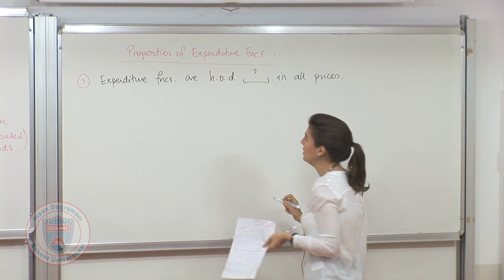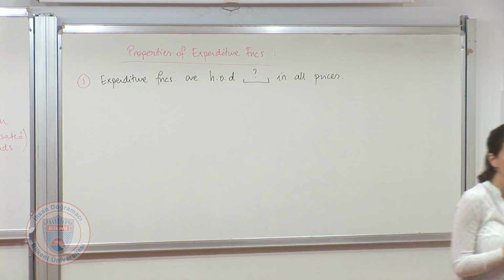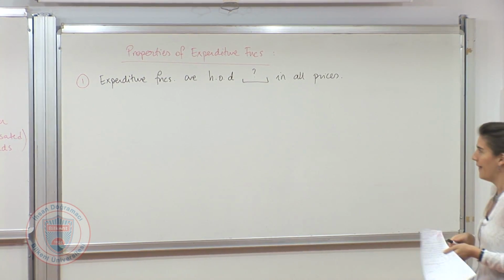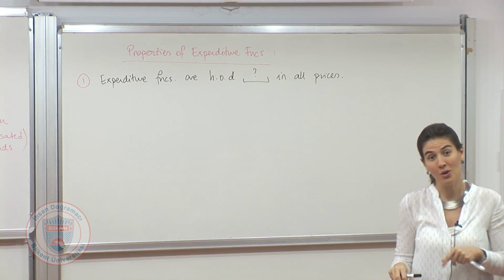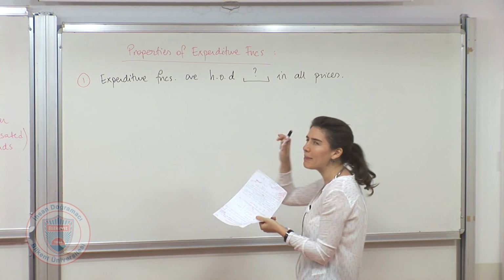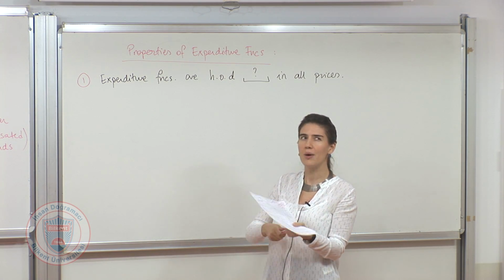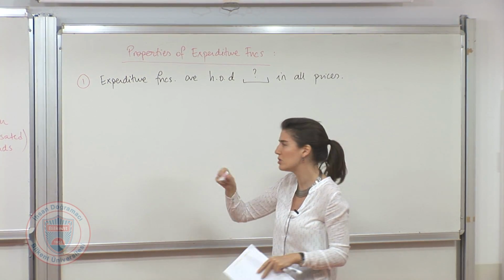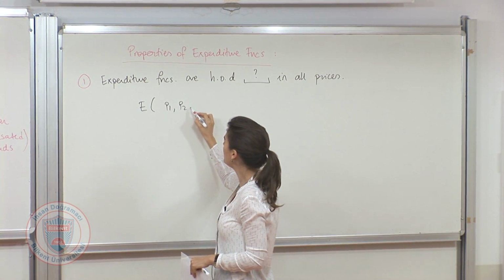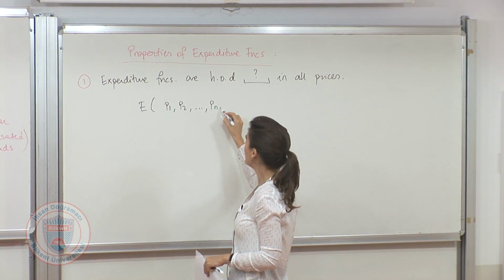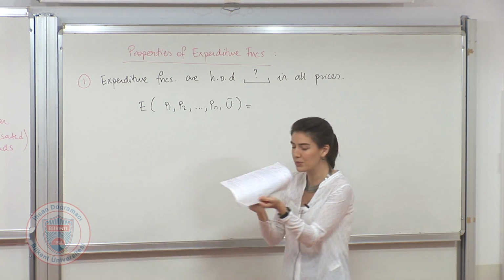What do you think this is? Homogeneous of degree what? 0, 1, 2? Okay, let's try to see. Remember, for homogeneity, if I want to check whether a function is homogeneous or not, I was writing this function, P1, P2, Pn, U bar, right? And what was I doing?